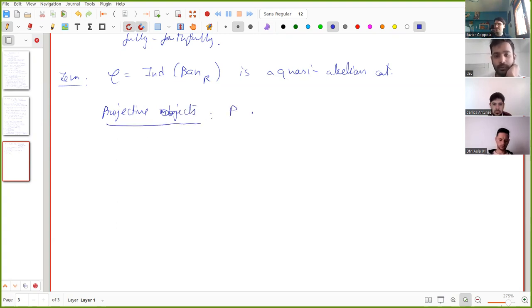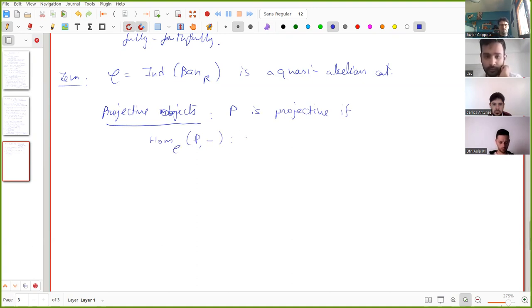So you say P is projective if the Hom functor from the category C into the category of abelian groups preserves co-kernels.